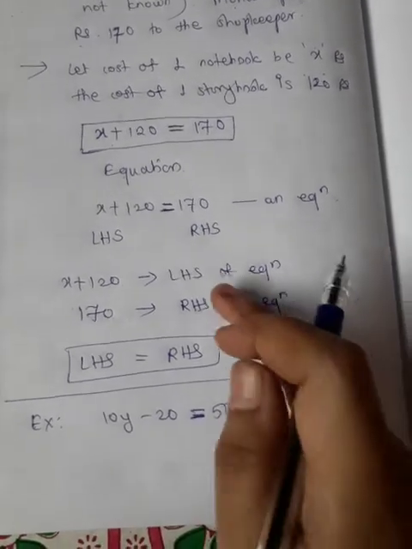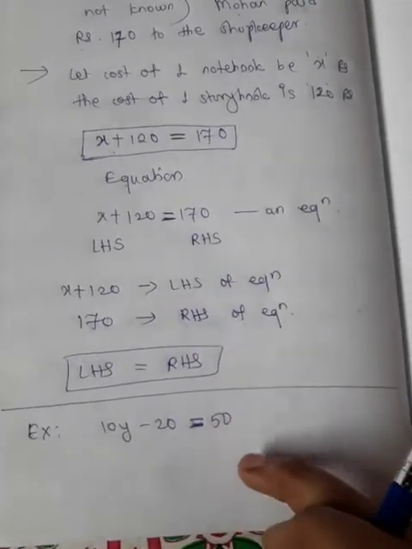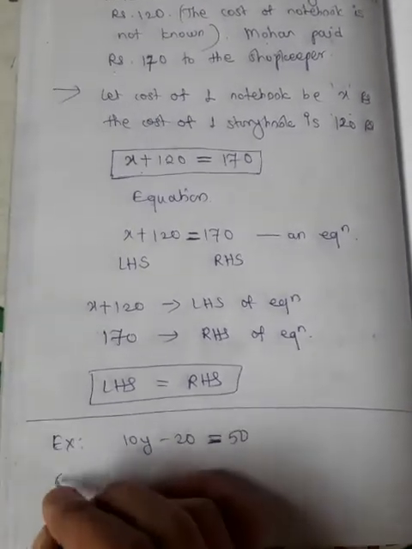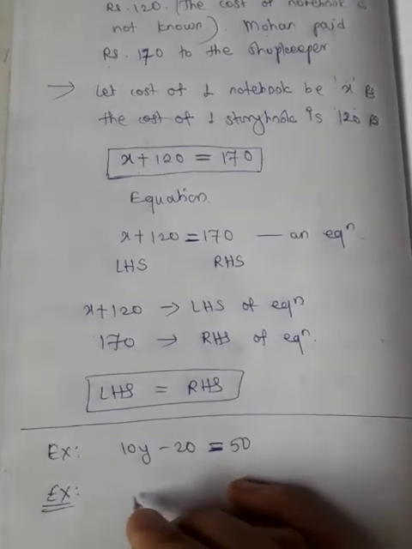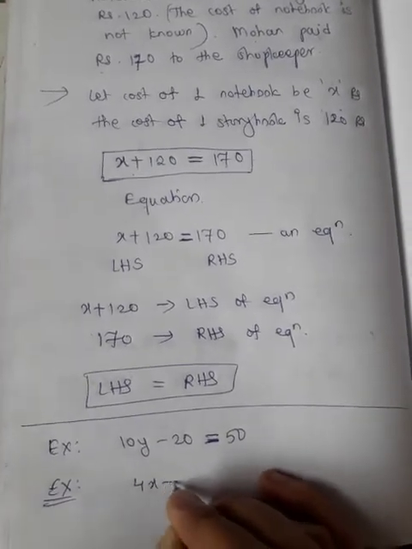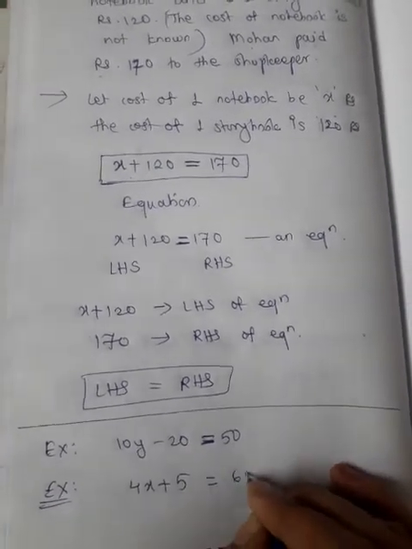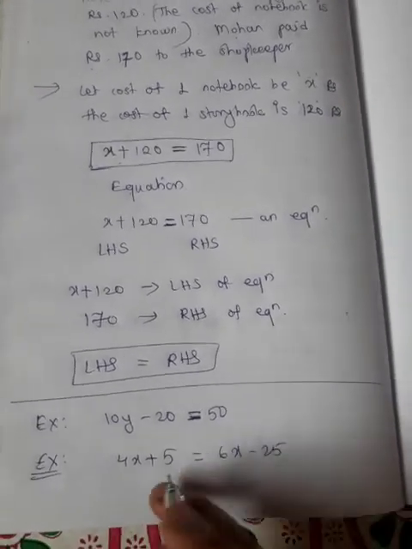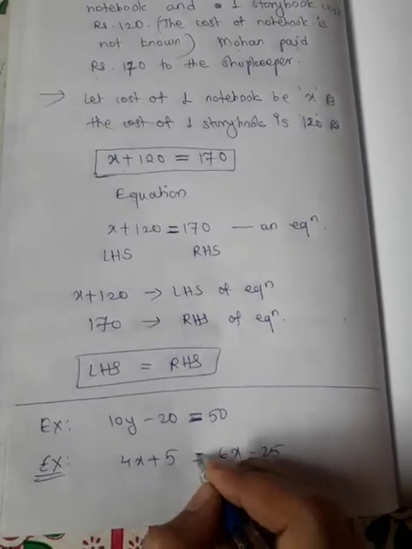Sometimes the RHS of an equation may be an expression containing the variable, meaning sometimes we have an equation like 4x plus 5 is equal to 6x minus 25. So this is also an equation, because between these two expressions there is an equality sign.